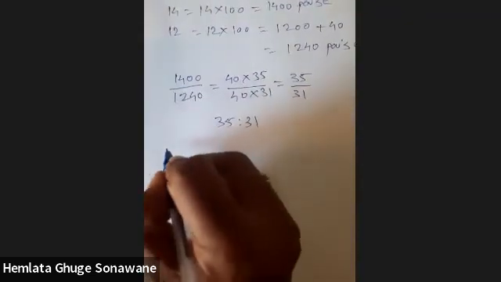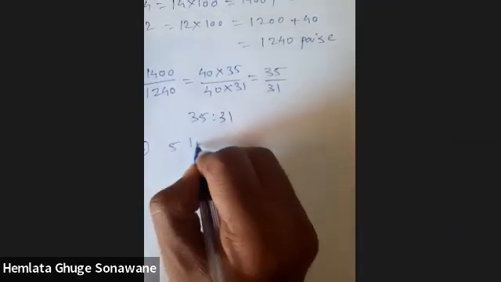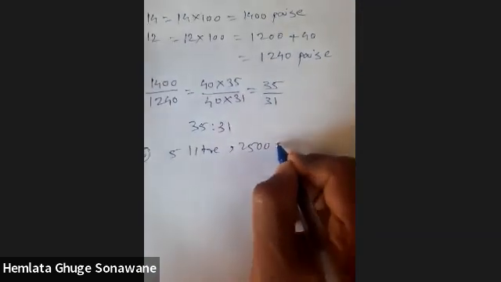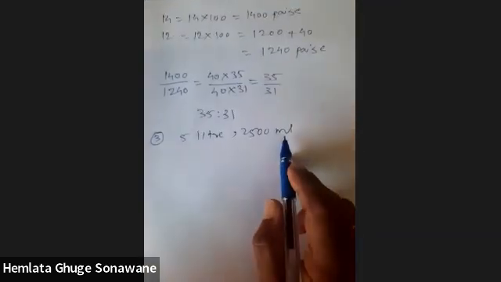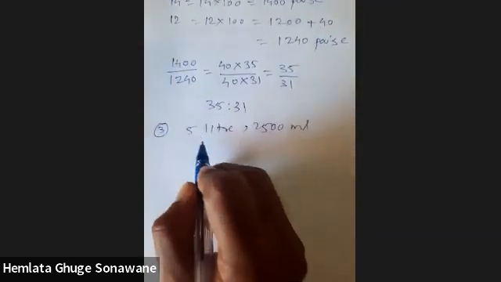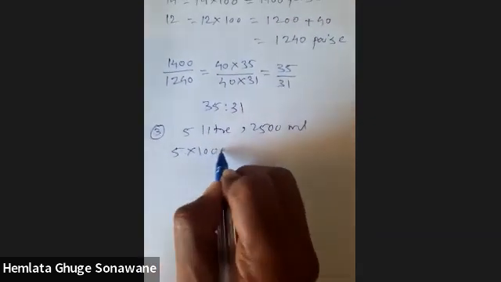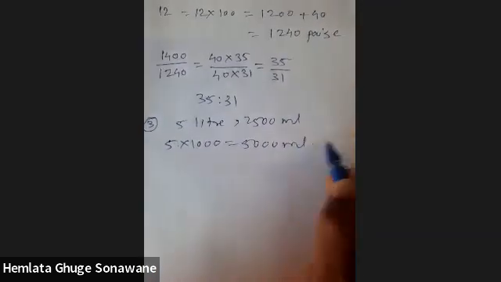Third example of question number 2, that is 5 liters and 2500 ml. Now here we have to convert liters into ml, that is milliliters. So we'll multiply 5 with 1000. So 5 into 1000 becomes 5000 ml.